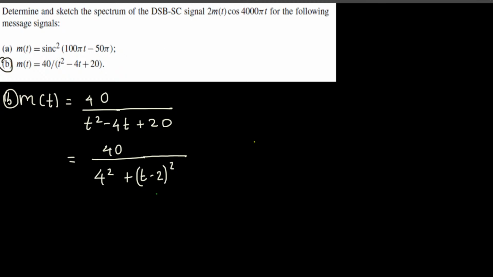So that way we can do the perfect square for this, and once we do that, we can try to find the Fourier transform of this one, that is 40 over 4² plus t².